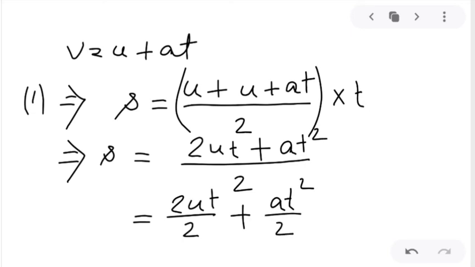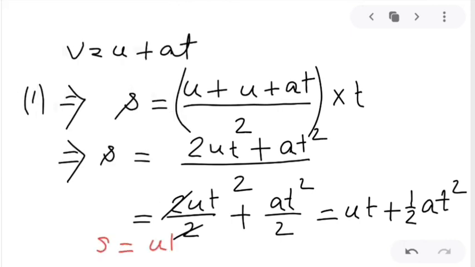The 2 cancels, giving ut, and at square by 2 means half at square. So we get s equals ut plus half at square. We get this equation from the concept of average velocity. Note it down.